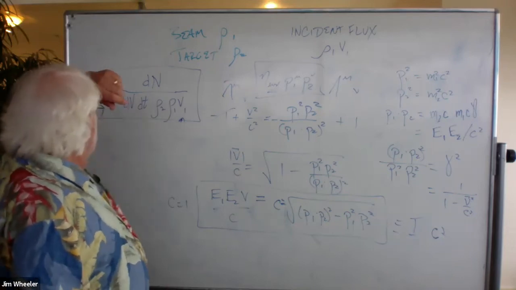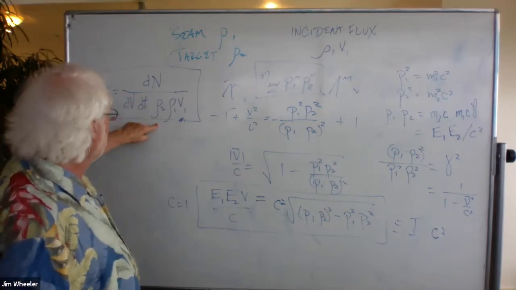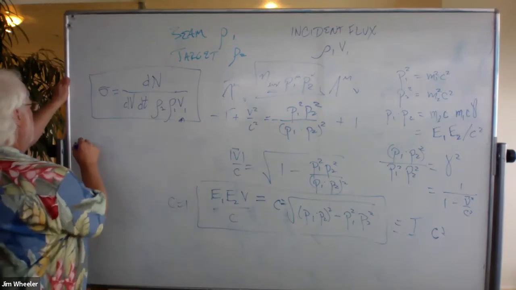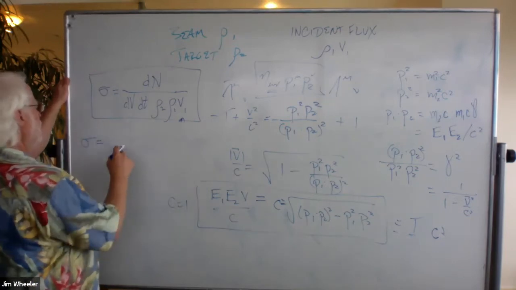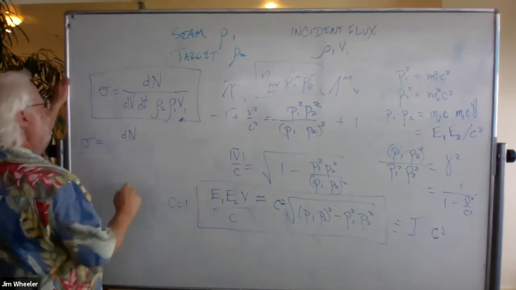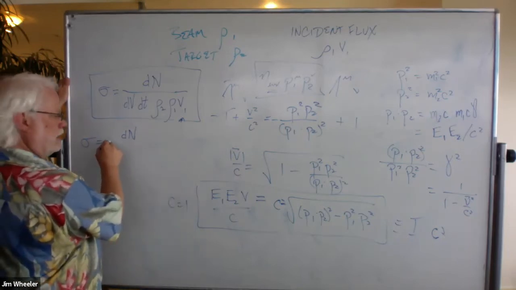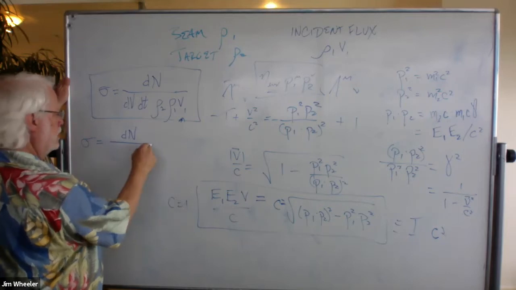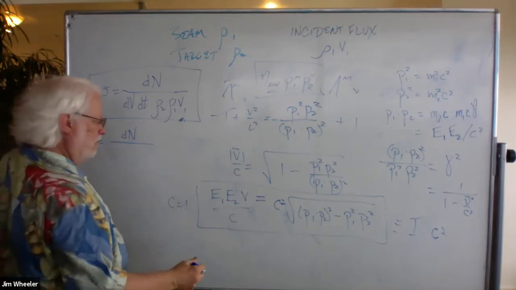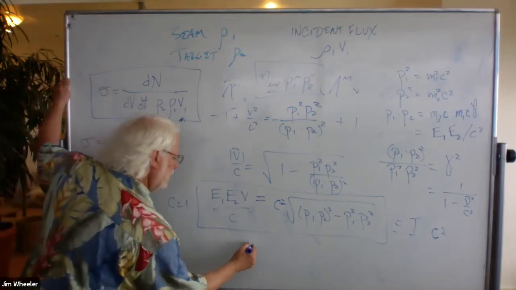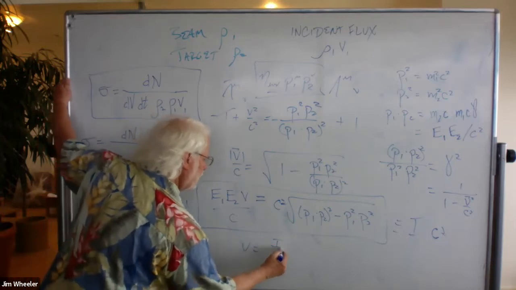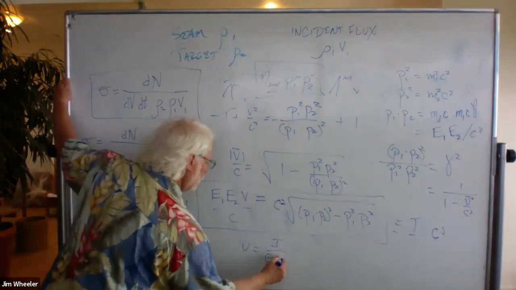Okay, so now we want to incorporate that here, and I can write sigma as dn. If I put, let's see, so V is going to be I over E1, E2.